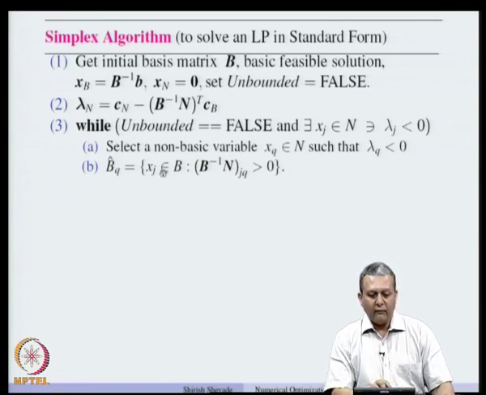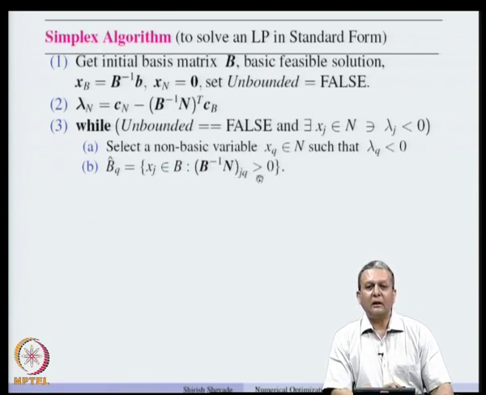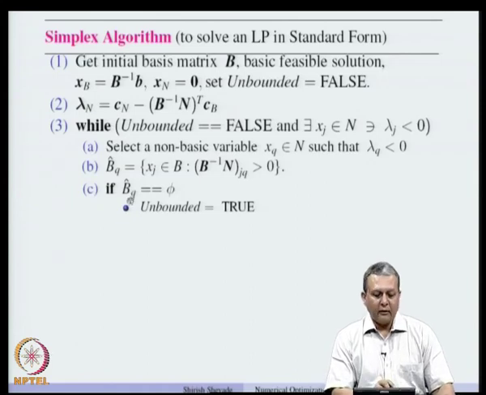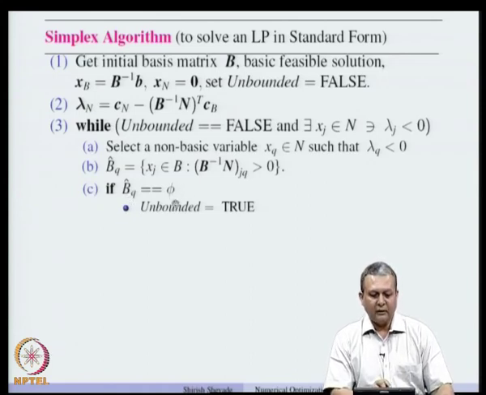If we cannot find x_j in the basic variable set such that (B inverse N)_jq is greater than 0, then it clearly shows that as x_q increases, all the basic variables also increase in their values, and therefore the solution becomes unbounded. So, if B hat q is a null set, then we set the unbounded flag to be true.